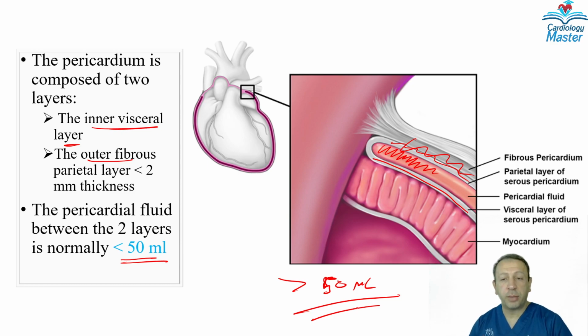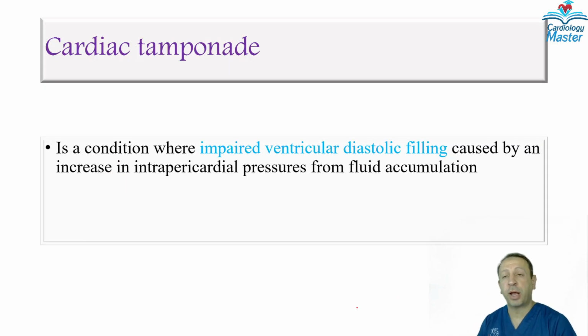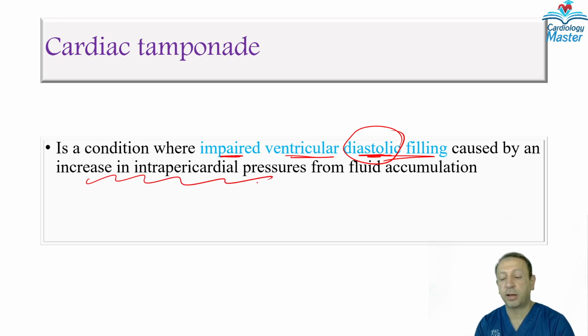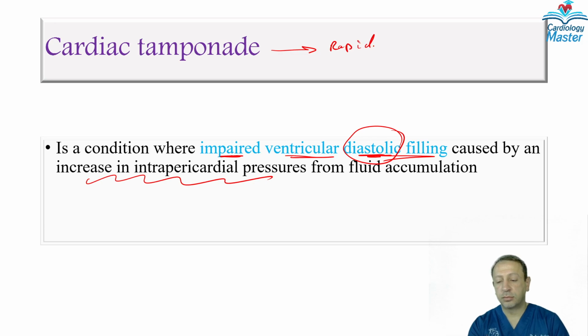So what's cardiac tamponade actually? Cardiac tamponade is defined as an impaired ventricular diastolic filling. Diastolic filling is impaired by this increase in the intrapericardial pressure from the fluid accumulation. Actually, cardiac tamponade results mostly from rapid collection of fluid.